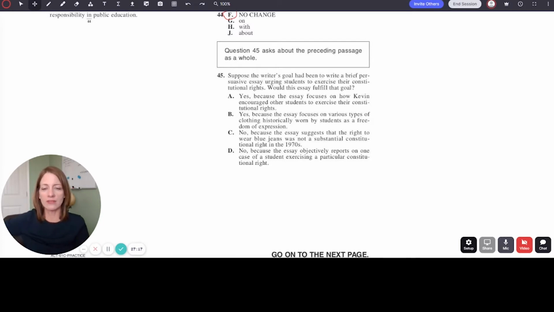So now that I've narrowed it down to no, let me see what the answer choices are. No, because the essay suggests that the right to wear blue jeans was not a substantial constitutional right in the 1970s. No, because the essay objectively reports on one case of a student exercising a particular constitutional right. I feel like D is correct, but let me look at the others.